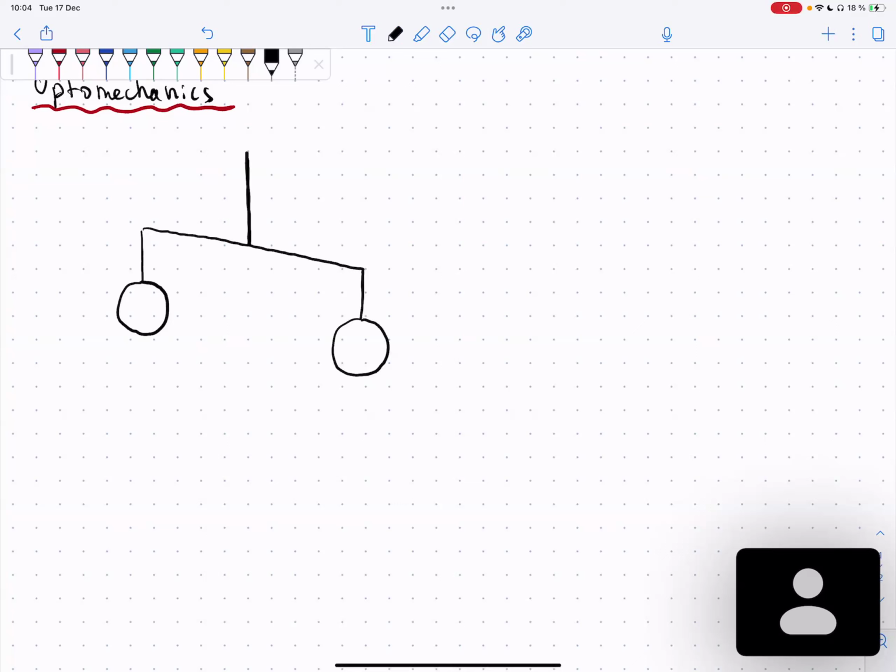And this rod is attached to something here, but the most important thing is that it can rotate. It can freely rotate around its axis.